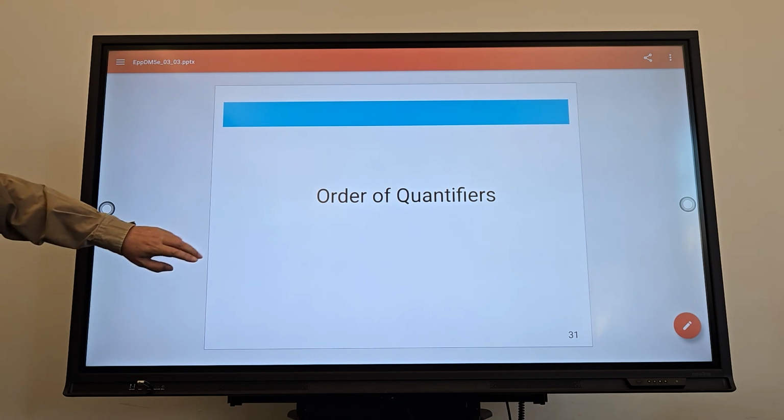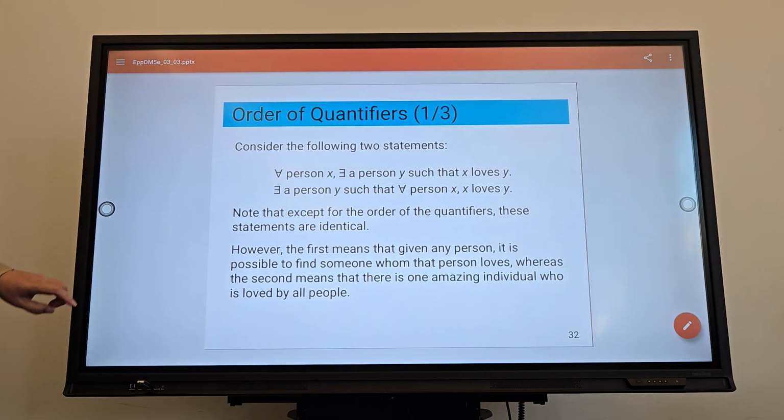The order of quantifiers. Consider the following two statements. For every person X, there exists a person Y such that X loves Y, which informally means that for every person, there's another person that the first person loves.